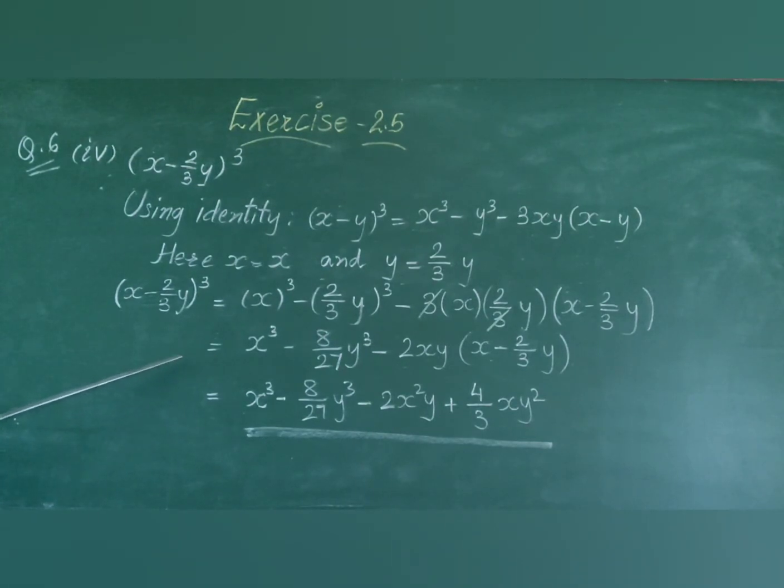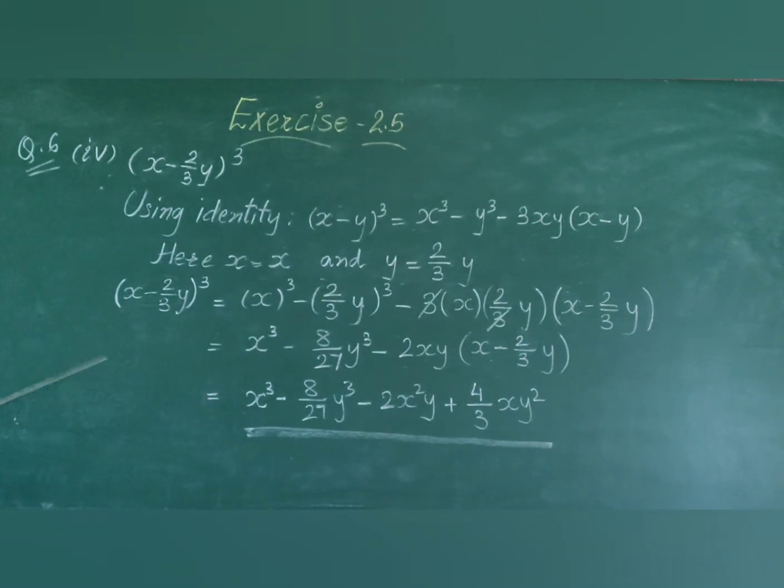So 8 upon 27 y cube minus, first multiply the outer brackets, so you can see we can cut 3 in the numerator and the 3 in the denominator, so we will be left with 2xy into (x minus 2 upon 3y). Now we multiply the monomial with the binomial in the last term, so we will get x cube minus 8 upon 27 y cube.